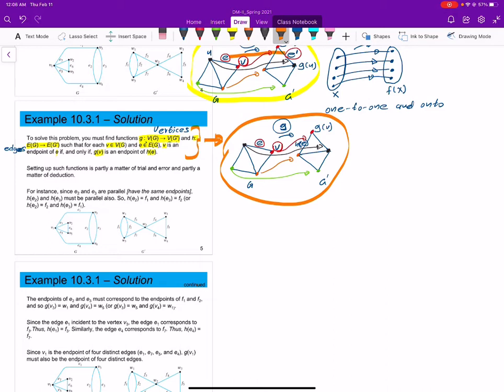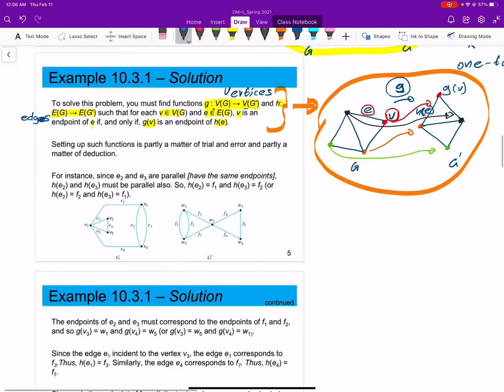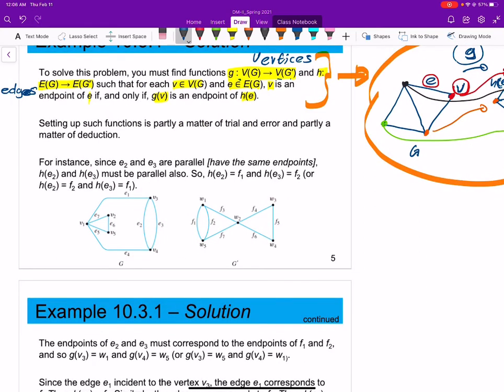And then let's try to find that mapping. For instance, since E2 and E3 are parallel, you can see they are parallel. This is E2 and that is E3. Since E2 and E3 are parallel, hE2 and hE3 must also be parallel. So since these two edges are parallel, then the mapping for these two edges in the other graph should also be parallel.